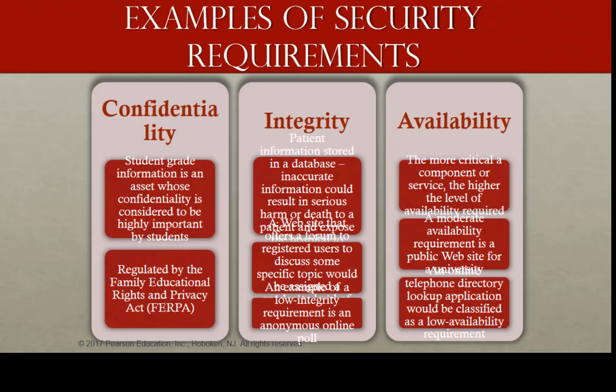Patient allergy information is an example of an asset with a high requirement for integrity. Inaccurate information could result in serious harm or death to a patient and expose the hospital to a massive legal liability. An example of an asset that may be assigned a moderate level of integrity requirement is a website that offers a forum to registered users to discuss some specific topic.